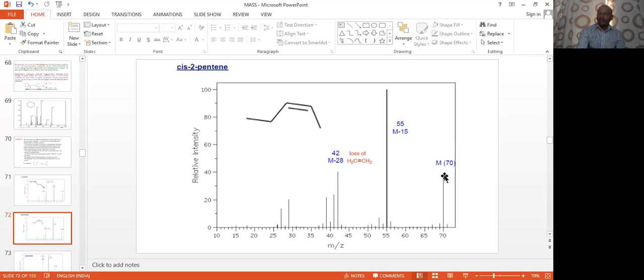This is anyway the molecular ion peak. So these two you should be able to differentiate: if it is a terminal alkene, m/z 42 will be the more prominent peak, and if it is not, the McLafferty fragment will become less abundant and other fragments will become more abundant. So this is what happens with the alkenes.